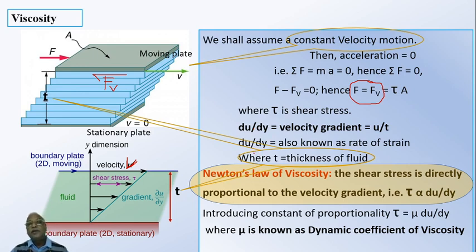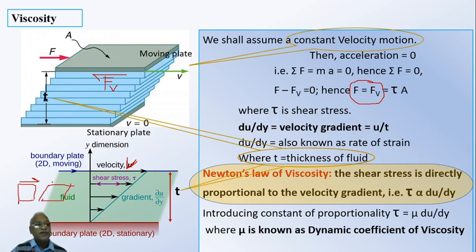Now, du by dy is also known as the rate of strain, because if you look at this figure, when you apply a force, it is getting tilted. If I try to draw over here, an object when it is erect like that, when you apply a tangential force, it tries to bend in this manner.